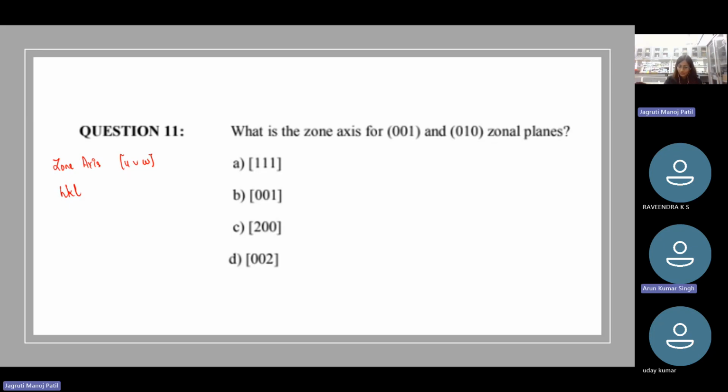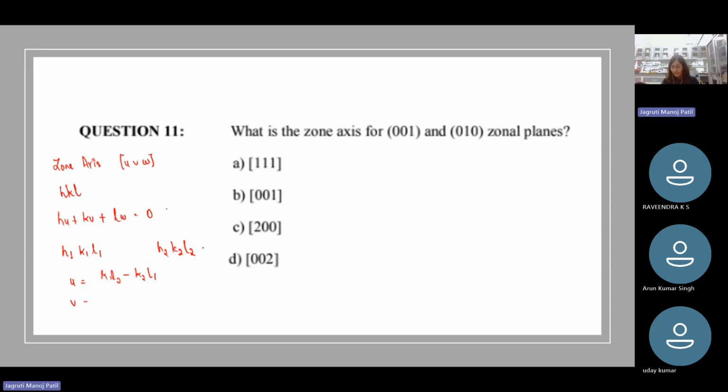Okay. So we have a condition here that HU plus KV plus LW equals 0. If you assume two planes, the zone axes are defined. Say you have H1, K1, L1 defined and H2, K2, L2 defined, then you just cross-relate between them. The first, U, is related to the last two terms: you cover up the H part, and then you have the cross product of K1, L2 minus K2, L1.